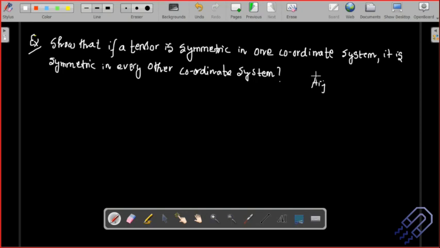A ij bar, you can write in terms of the transformation equation, maybe as a mn. I can just reverse this and it will remain the same. If it is symmetric, it means a mn will be equal to a nm. So whatever was the first term and second term in terms of m and n, I can interchange them, and both will remain the same. So that means aij will be equal to aji.